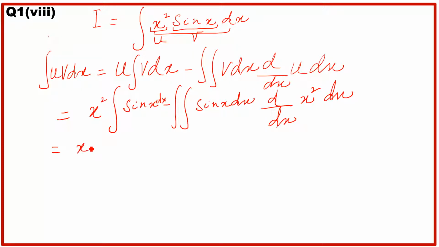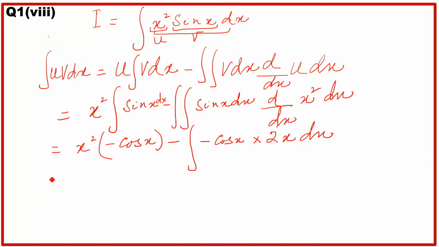Now see, x square will remain the same. The integration of sine of x is equal to minus cos x, minus this one integral, and for this sine of x it will be minus cos x, multiplied by the derivative, so this power will become the coefficient and the power will decrease by one, so 2 minus 1 is equal to 1 dx.